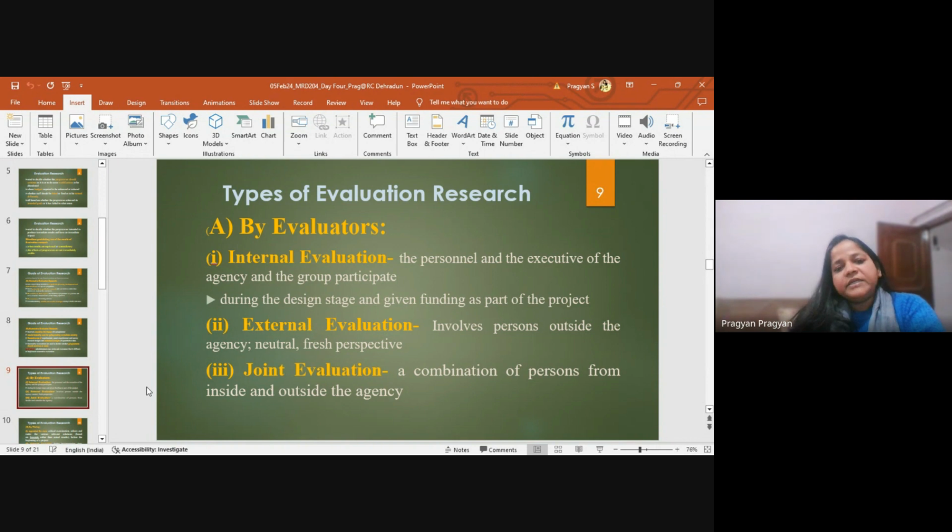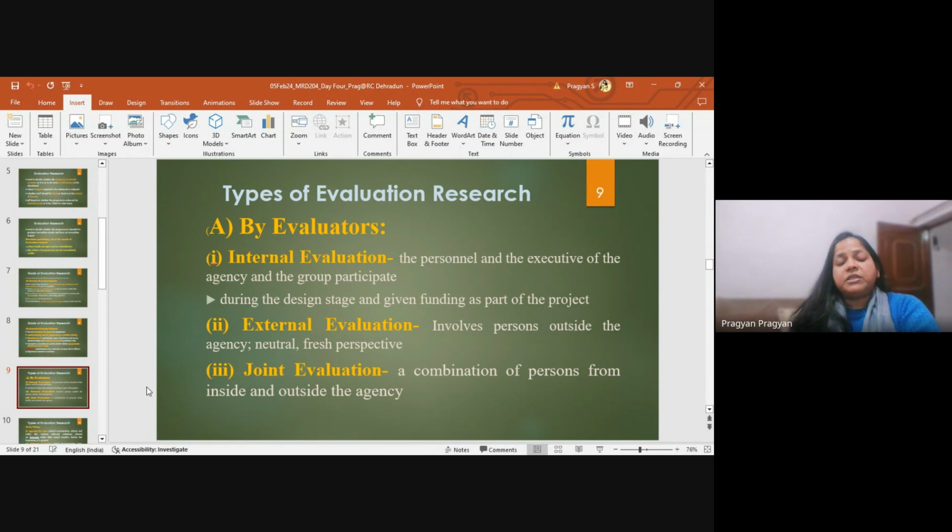So we call it internal evaluation because evaluators belong to the in group. They are part of that particular agency, part of that particular group. That is why it is a kind of in group evaluation. So we call it internal evaluation.